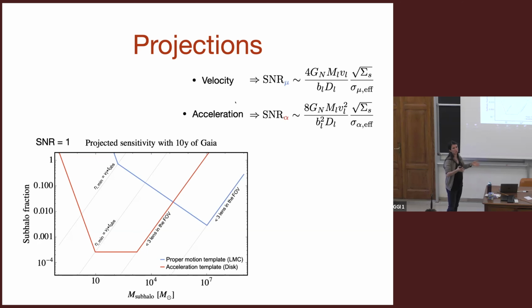You're right, in principle you should do a full analysis. Well, I didn't mean for putting in the exclusion plots. I was just wondering what would be the signal that we expect. It depends on your model, right? To have a signal, you would need to have such compact lenses with that mass. But yeah. All right.